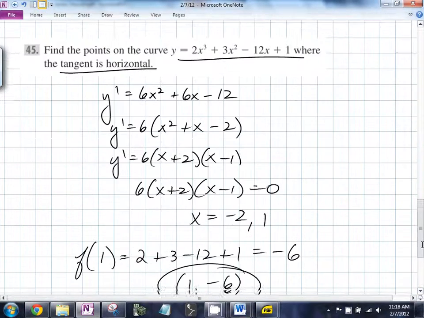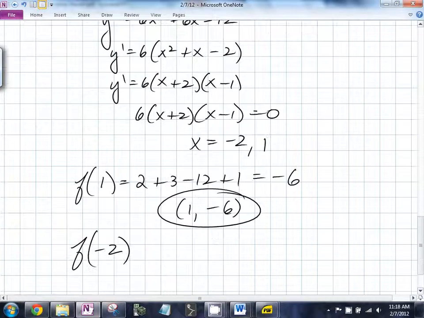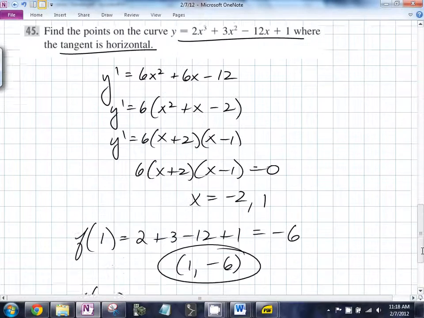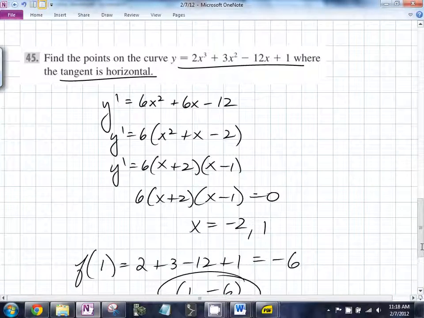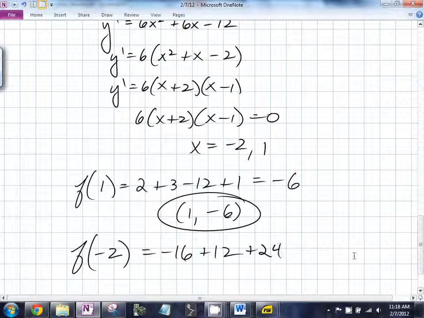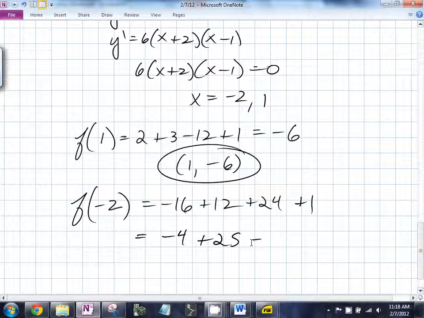We get negative 16 plus 12 plus 24 plus 1, right? So that's going to be negative 4 plus 25 is 21. So the other point is negative 2 comma 21. Done.